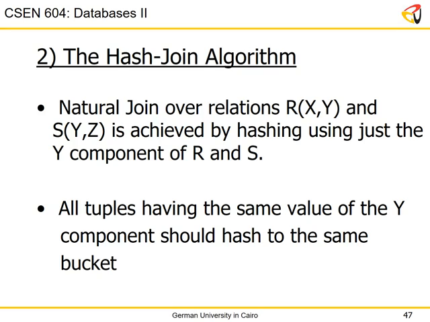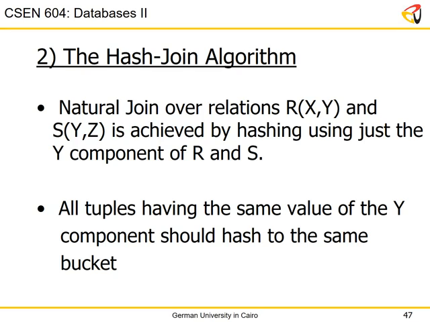So I will grab r.y, all the values in r.y, and I will insert them into a hash table. And next I will grab or extract all the values in s.y and insert them into a second hash table.